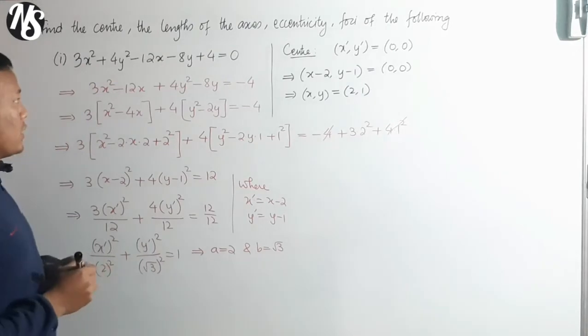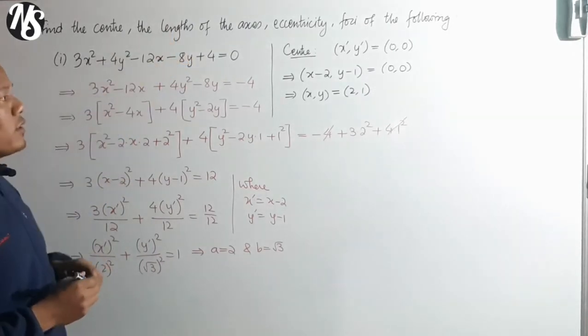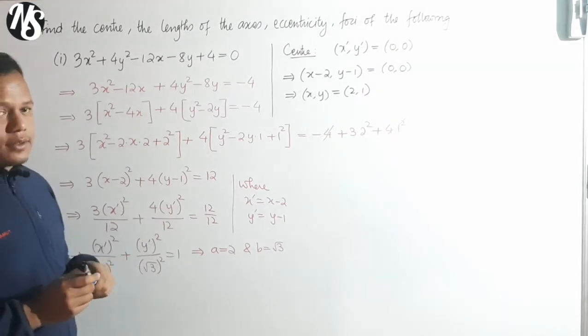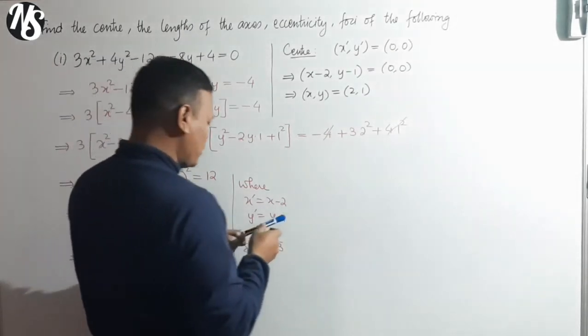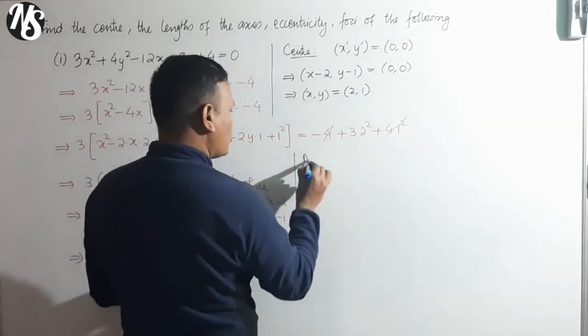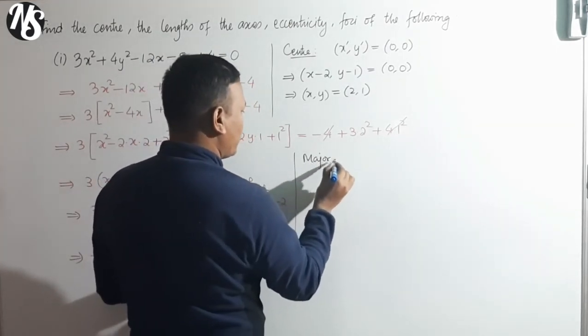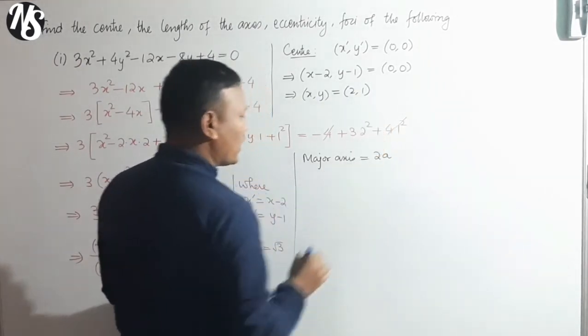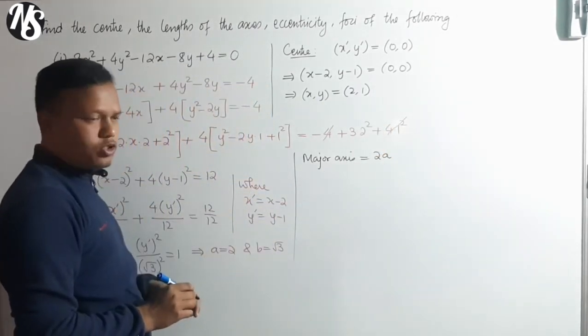Let's see another one. Next we have to find the length of the axes, that is the major axis and minor axis. That's pretty simple. The major axis is given by 2a. So this is the length of the major axis.